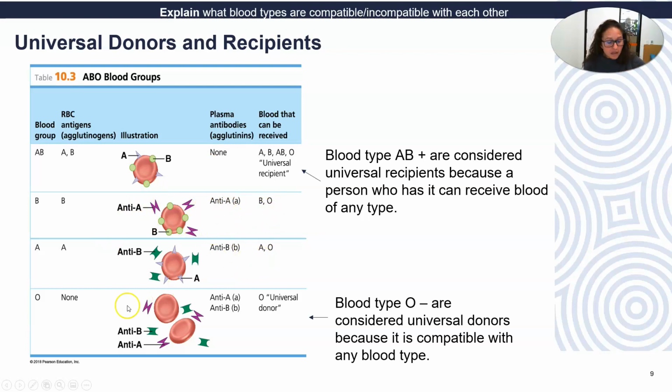Whereas this guy here, blood group O, doesn't have any antigens, but we do have anti-A, anti-B antibodies. This guy is the universal donor, okay, which means that we can give this red blood cell to everybody because it doesn't have any antigens. It's never going to get attacked by antibodies. So this is a universal recipient and this is a universal donor. Okay.